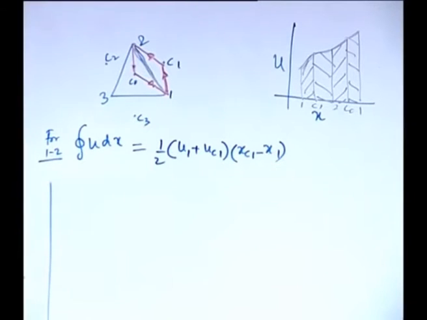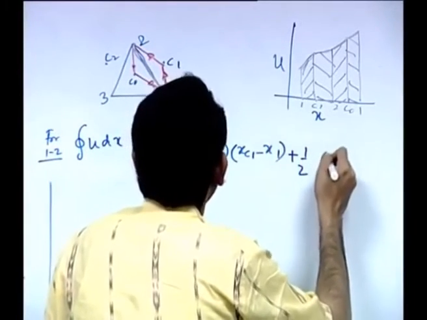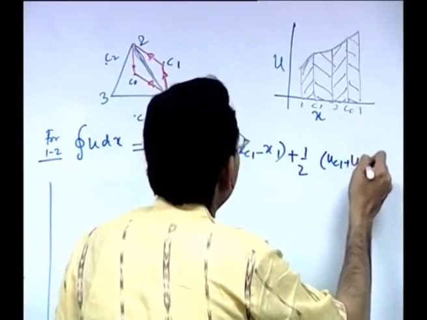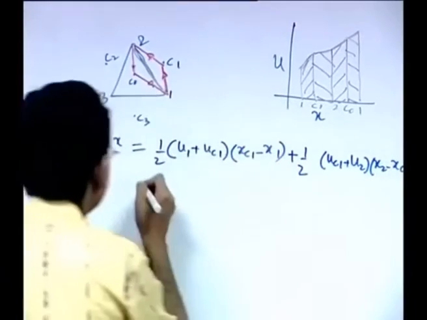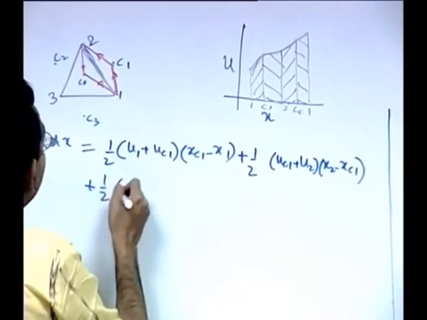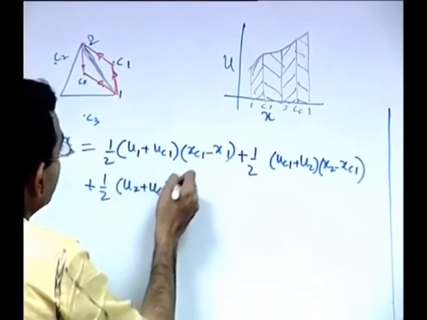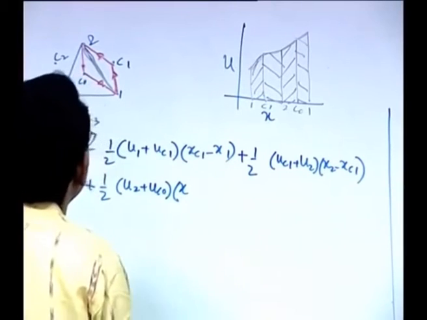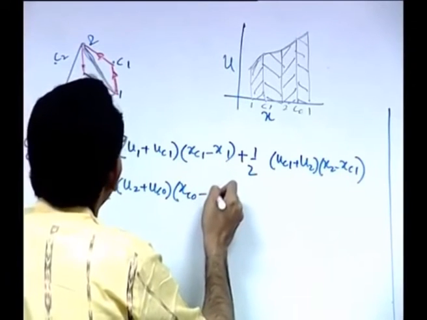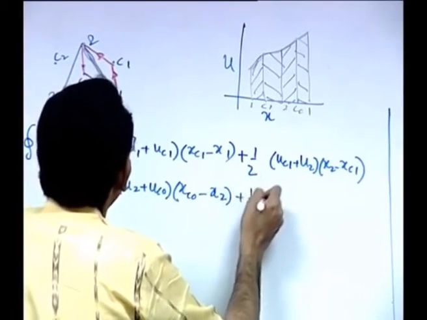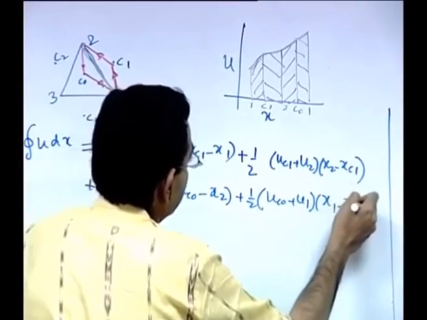So this is the first area, then the second area is half of UC1 plus U2 into X2 minus XC1 plus half of U2 plus UC0 into XC0 minus X2 plus half of UC0 plus U1 into X1 minus XC0.